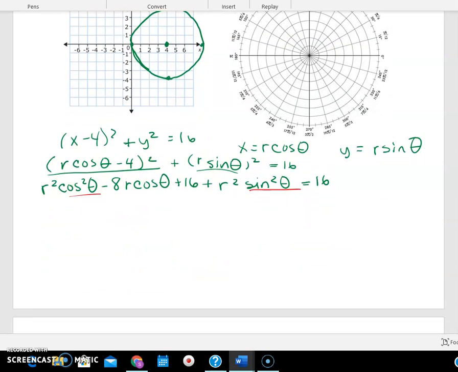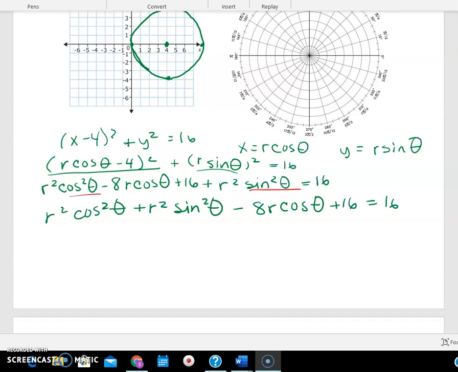So I'm going to take the ones with the sine and cosine and put those next to each other, so that I have r squared cosine squared theta plus r squared sine squared theta, and then minus 8r cosine theta plus 16 equals 16. Okay, so I'm going to factor out an r squared in this first group. It gives me cosine squared theta plus sine squared theta.